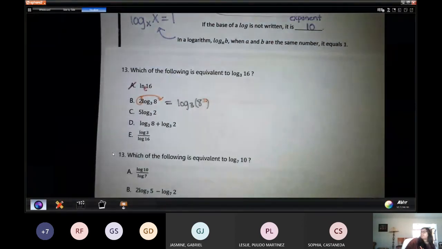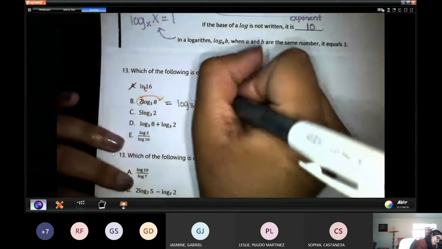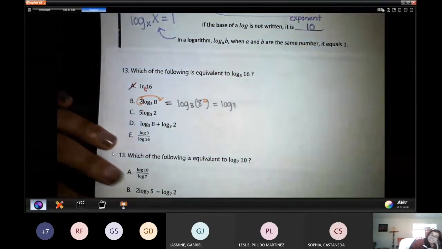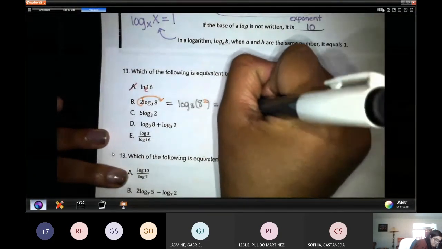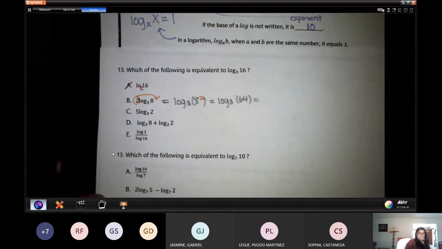And what's 8 squared equal to? Right, so this would be equal to log base 3 of 8 squared, which is 64. 8 times 8 is 64. That makes sense what I just did?